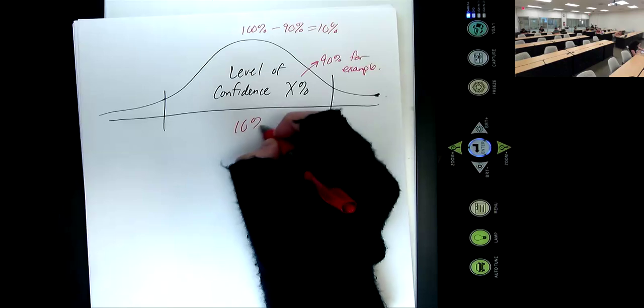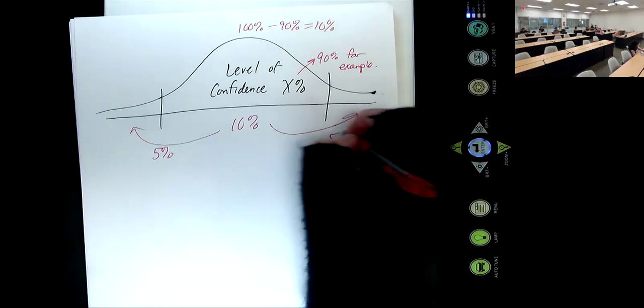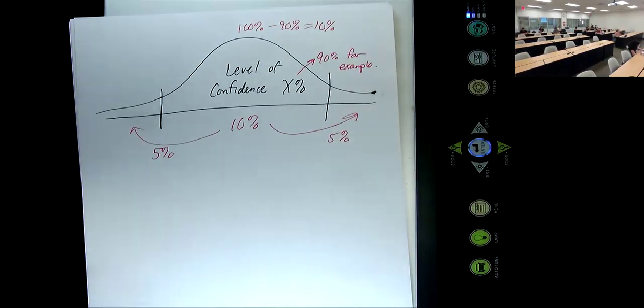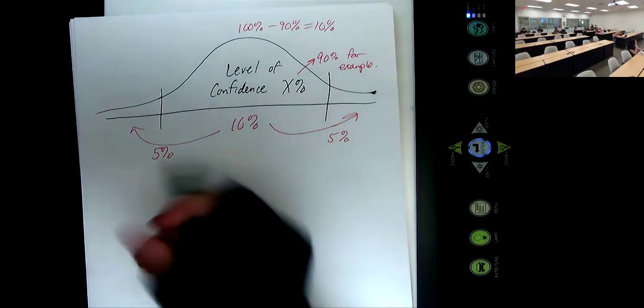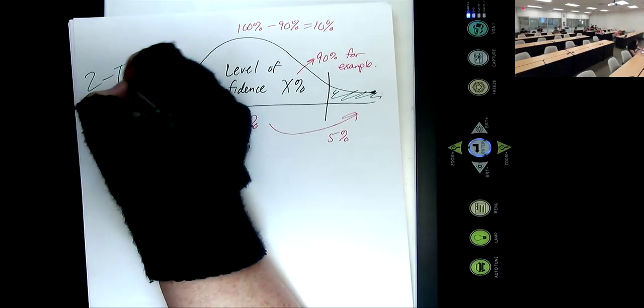And we take the 10% and it's split between this range and this range, so there's 5% over there and 5% over here. When we do this, this is a two-tailed test, or there's two regions, two tails.